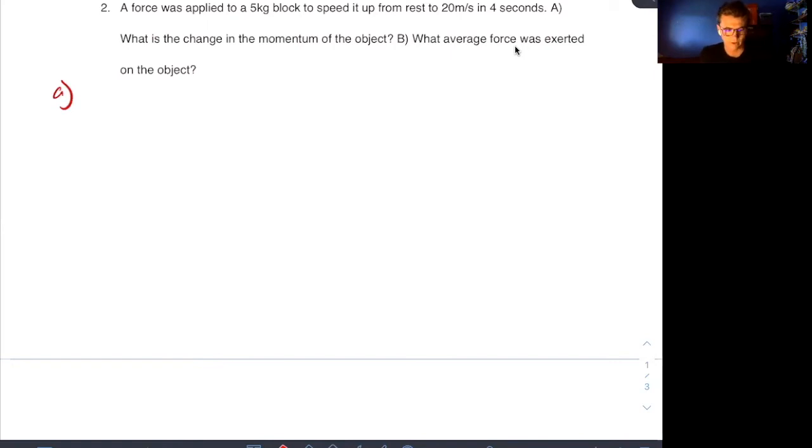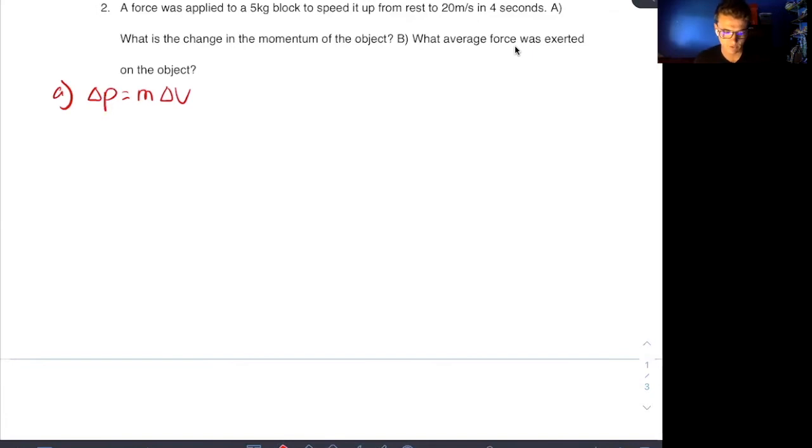We want to find the change in momentum of this object. How do we find it? Well, we know the change in momentum is just the mass times the change in velocity. We can calculate that pretty easily because it starts at rest and goes to 20 meters per second.